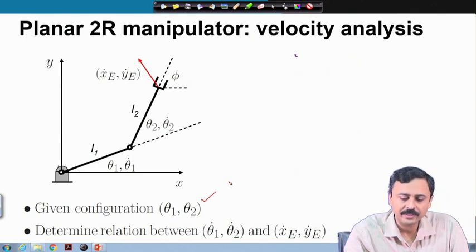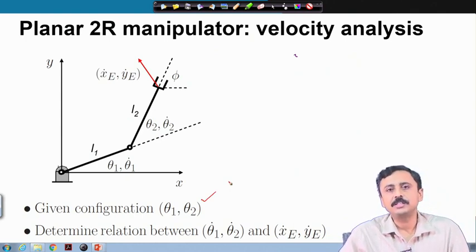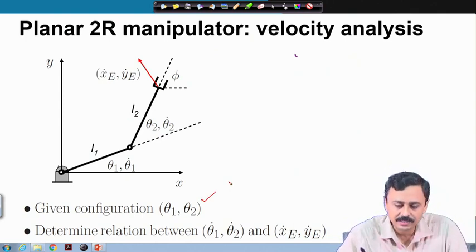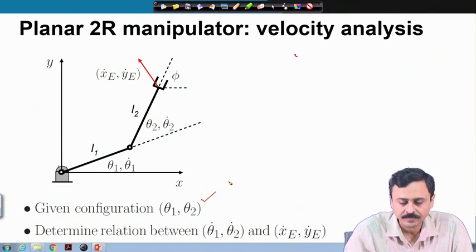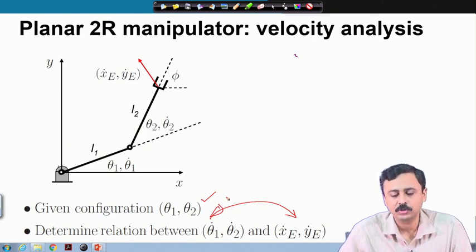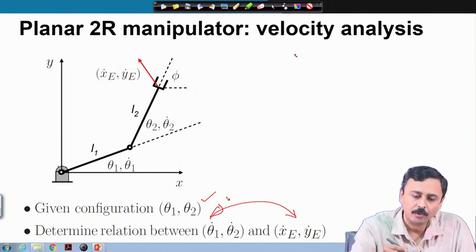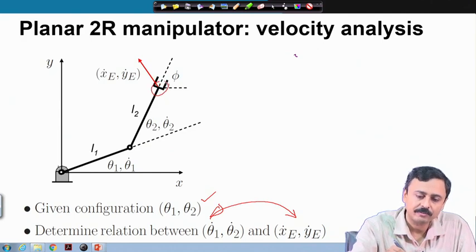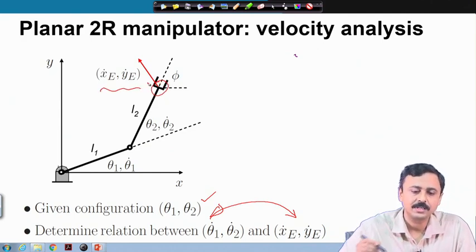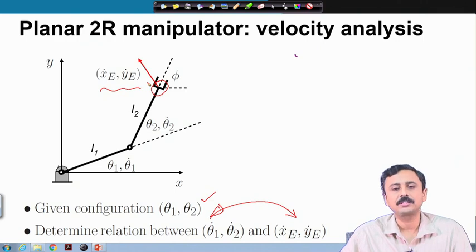We are given the configuration. The configuration needs to be given, and this comes from the displacement analysis. We have to find out a relation between the joint angular rates and the end effector velocity vector. So, the velocity of this point of the end effector is specified by this vector x e dot, y e dot.